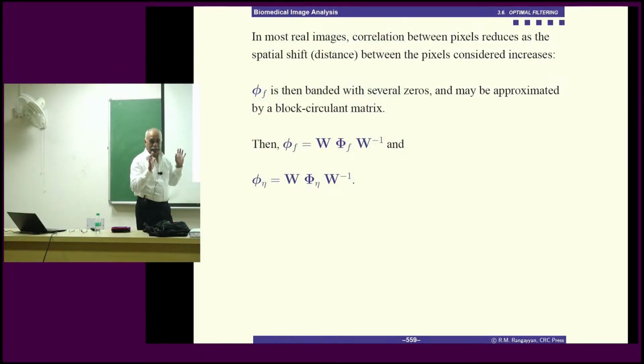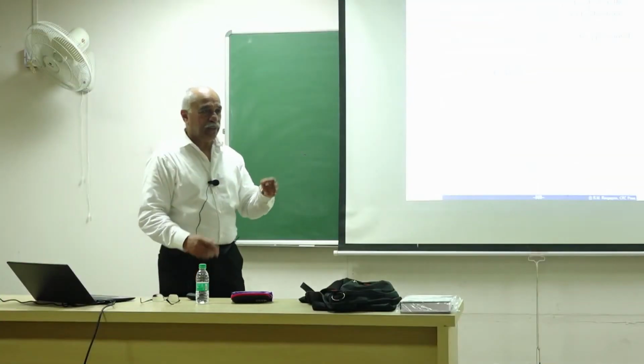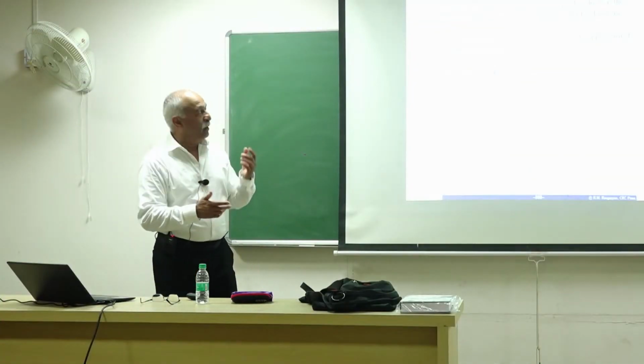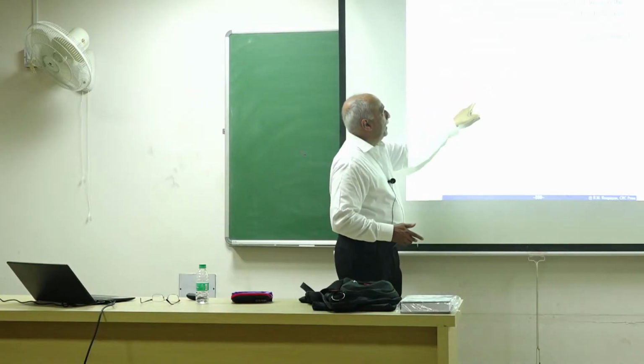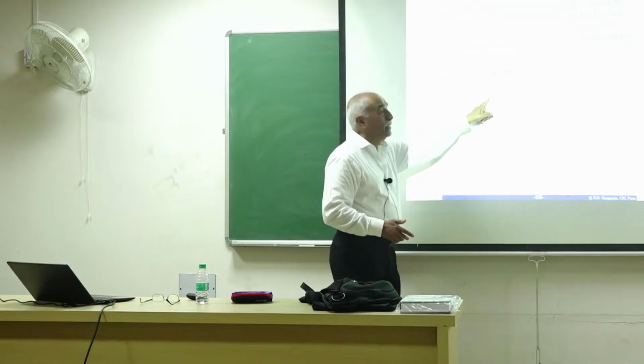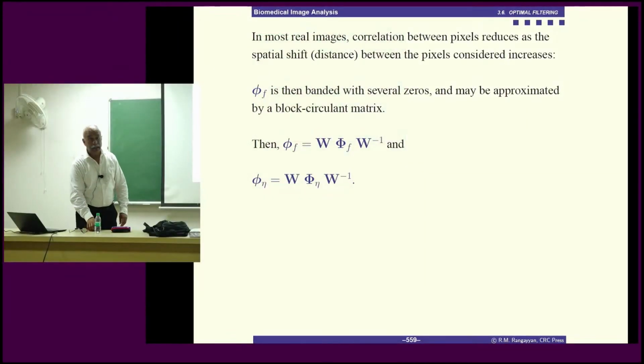It's an approximation. Then if it is block circulant, phi f is W, this capital phi f, W inverse, where capital phi f is the Fourier transform of the autocorrelation, which is the power spectral density function. Fourier transform of autocorrelation is power spectral density. Similarly, phi eta is W, capital phi eta, W inverse. This is the power spectral density of noise. W is the DFT matrix.